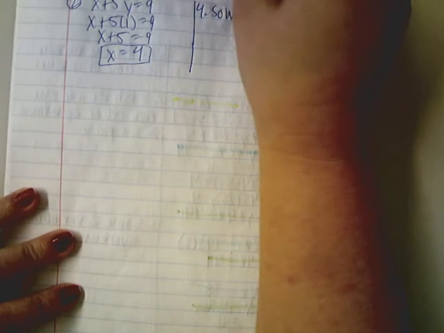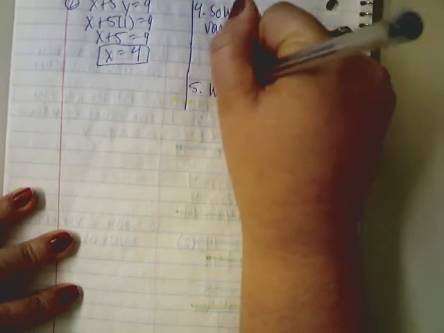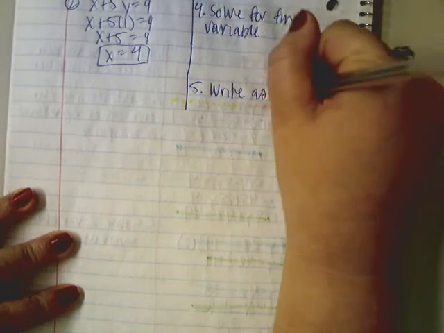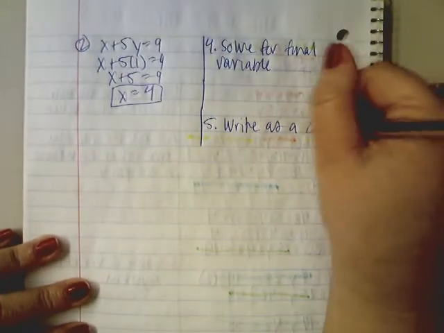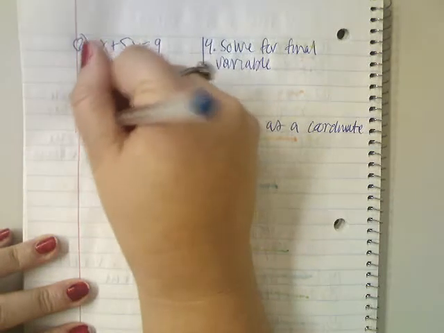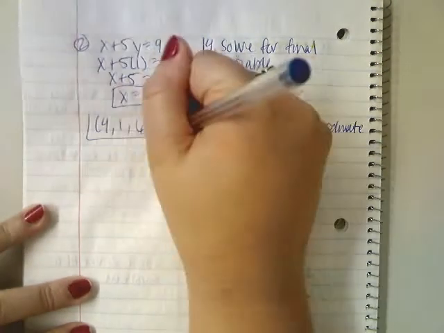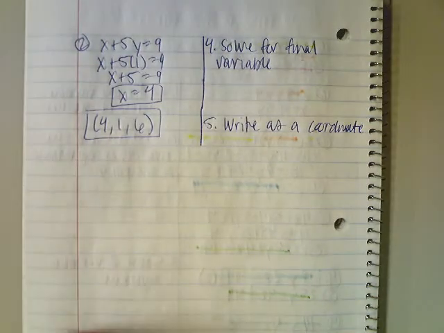So my step here, step 4, solve for final variable, and then write as an ordered triple. So I end up with 4, 1, 6 as my solution, and I am done.